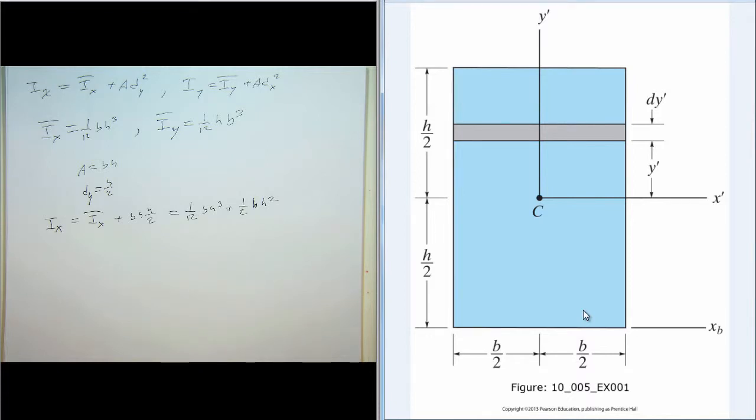So again, in practice, we're often working with composite bodies, which are made up of simple shapes.